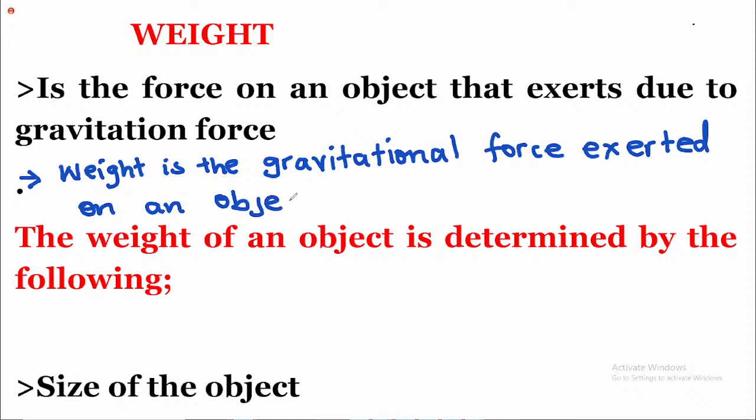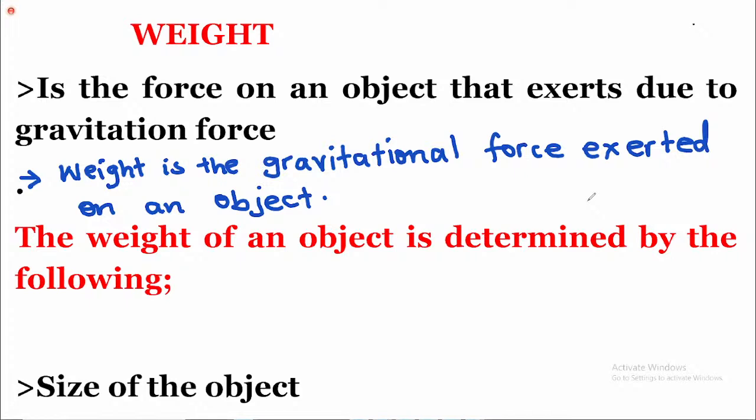Teacher will also write it. That is simpler English. Or weight is the force on an object that exerts due to gravitational force. That one looks a bit complicated, but when you take the second one to add on the first one, you can just say weight is the gravitational force exerted on an object.